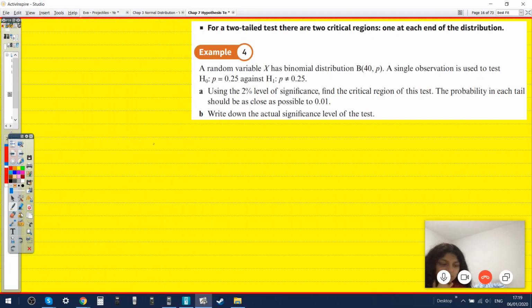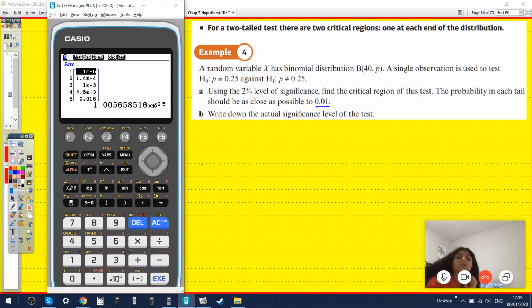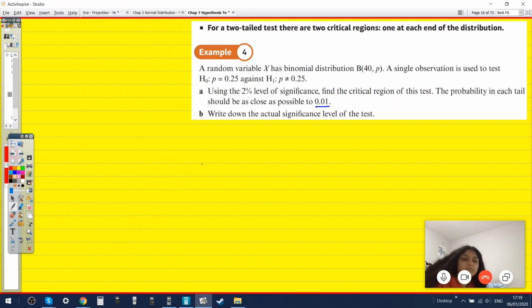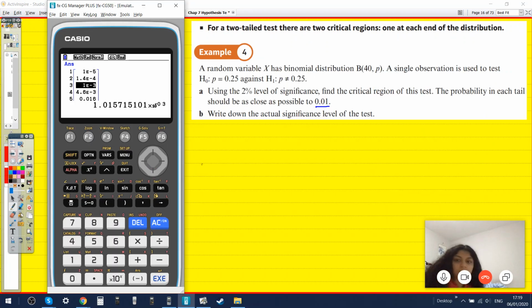Okay. And we want, so this is the probability in each tail. Basically because there's two tails, you have to half the level. And let's see. They want it to be as close to 0.01 as possible. So x is less than or equal to 4.